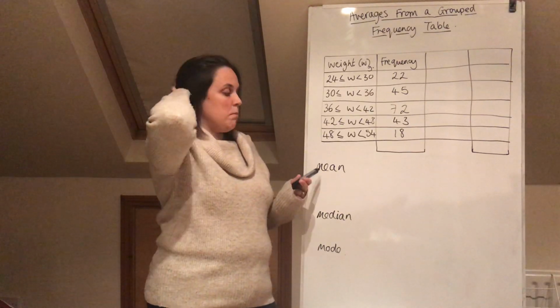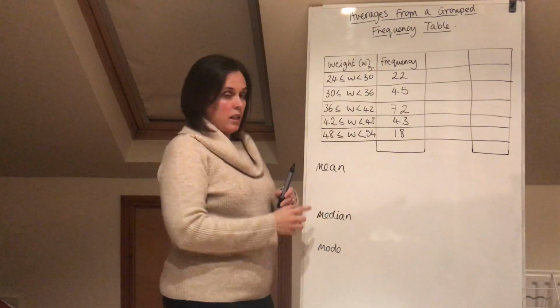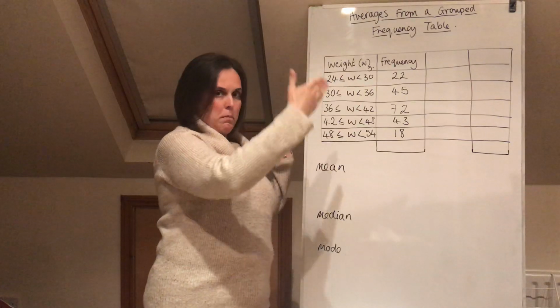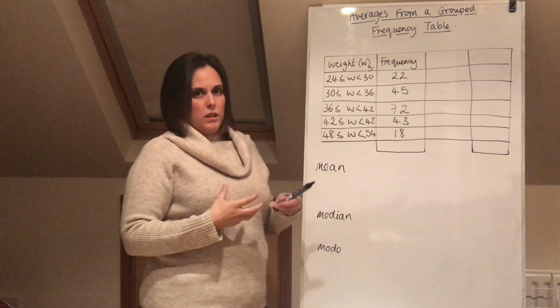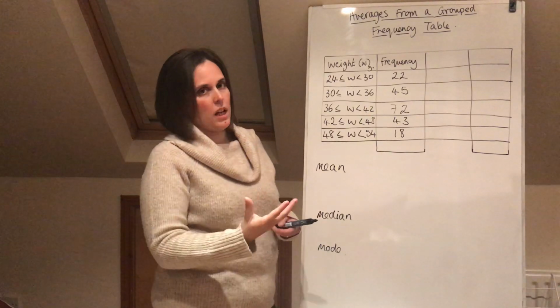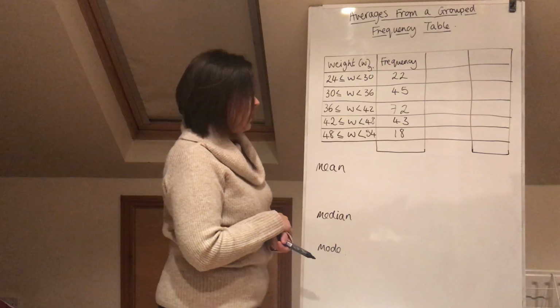If you remember rightly, the mean is where we add everything up and divide by how many there are. The median is where you have all of your data in order and you find the middle value, and the mode is the one that appears most often, okay? They've all got their pros and cons, and I discussed that in the previous video if you want to go back and refresh your memory.